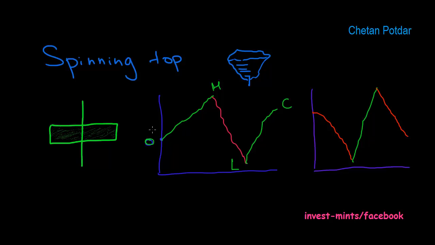So this is very typically what is going to happen: open, lowest price, highest price, and close.